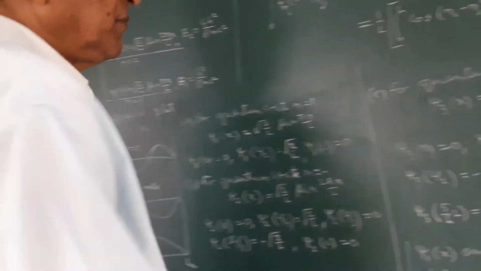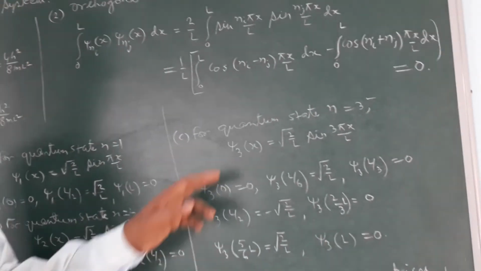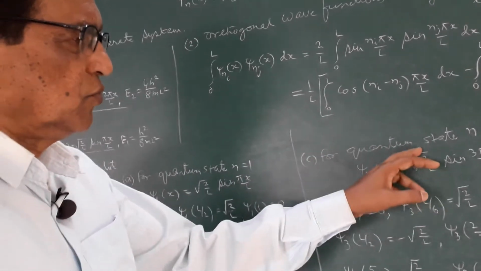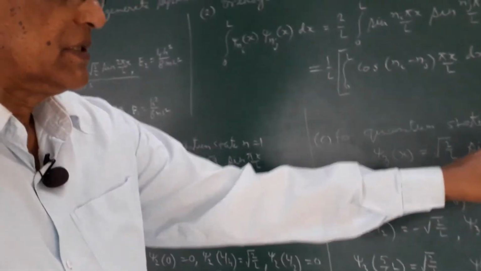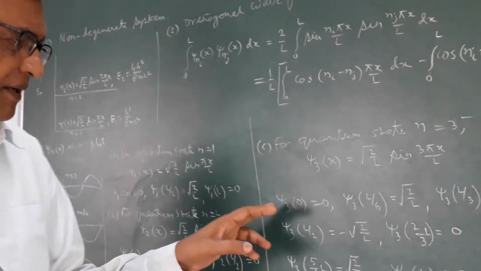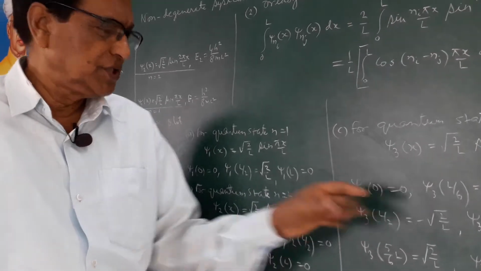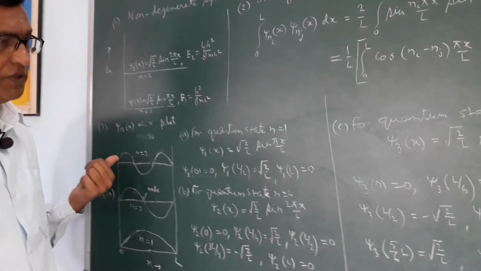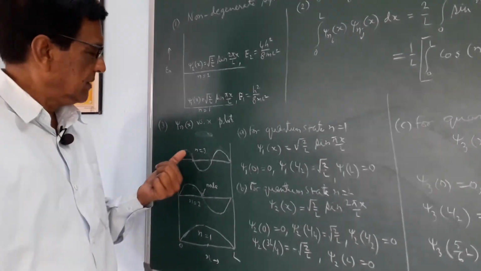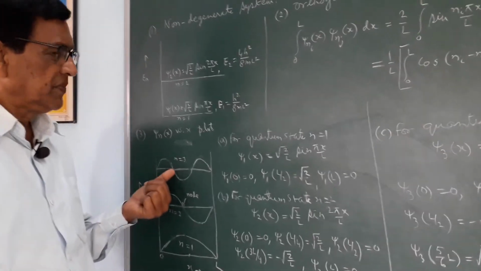So whenever we put the quantum state n equal to 3, then psi 3 of x equals root over 2 by L times sin(3πx/L). Instead of n, we write 3. Psi 3 at 0 equals 0. Psi 3 at L by 6 equals root over 2 by L, a maximum.